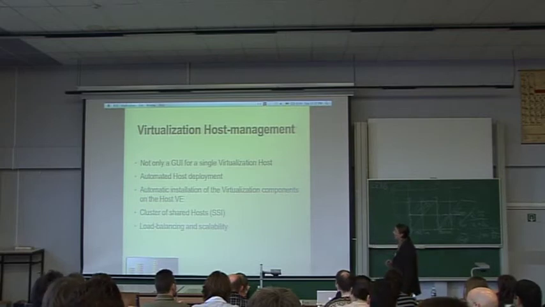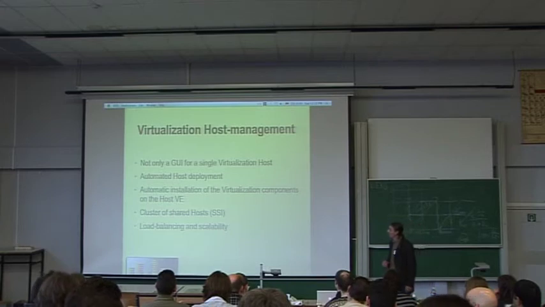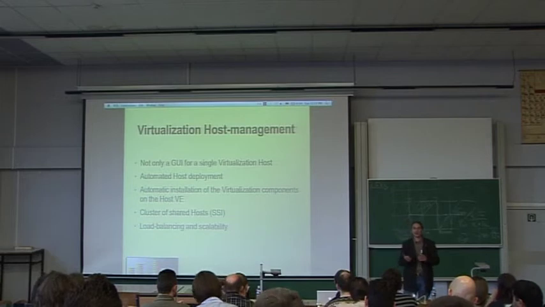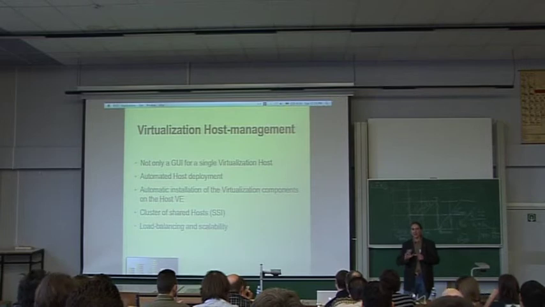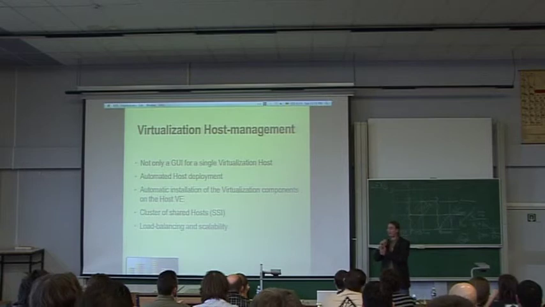So with openqrm, openqrm also cares about the deployment of your Xen host or your Linux vServer virtualization host or QEMU host. And it brings all Xen utilities within the Xen plugin. So you basically can use any of your existing server images without needing to have Xen installed on this server image, but just start it and, in the virtual environment configuration, tell it it's a Xen virtual host.